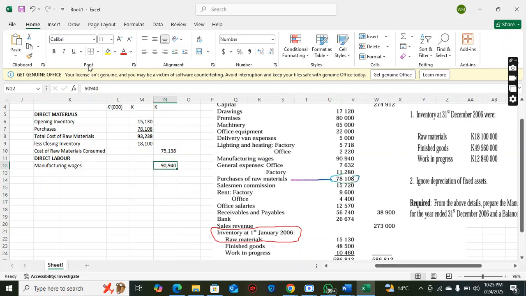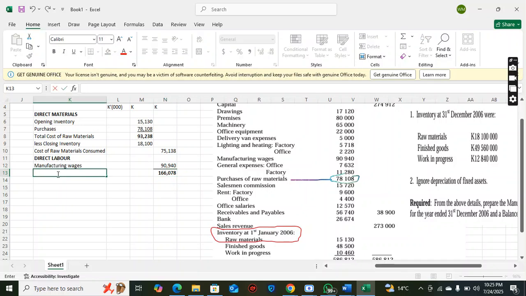So we add. When you add direct materials and direct labor, what do we call this? Thank you, sir. Prime cost. Yeah, so this is the prime cost.